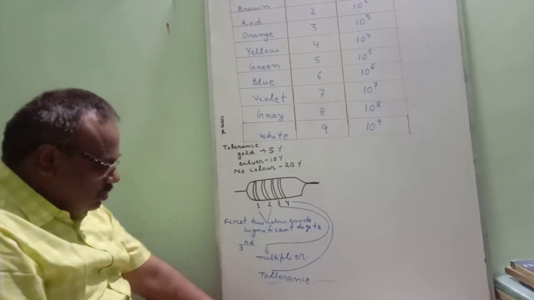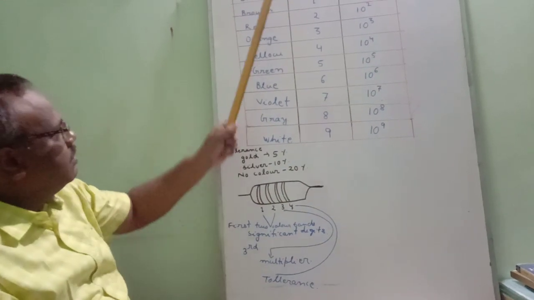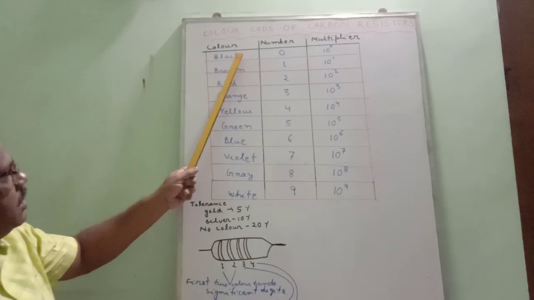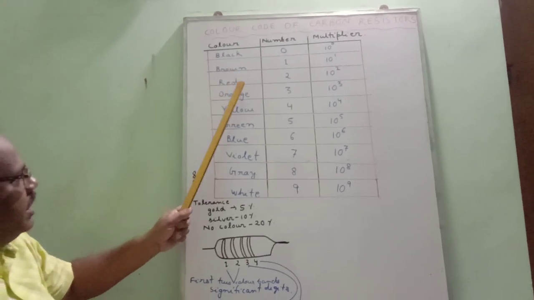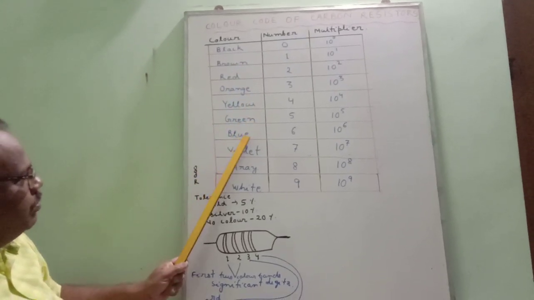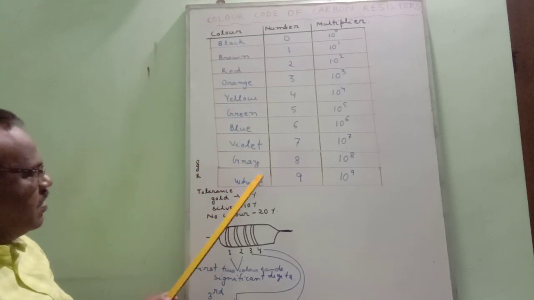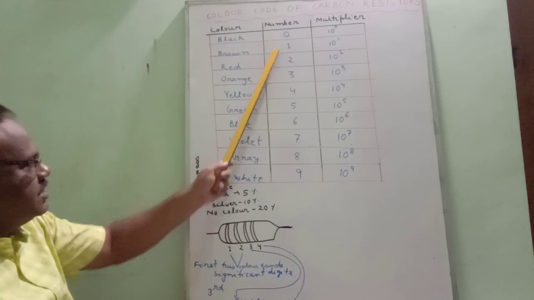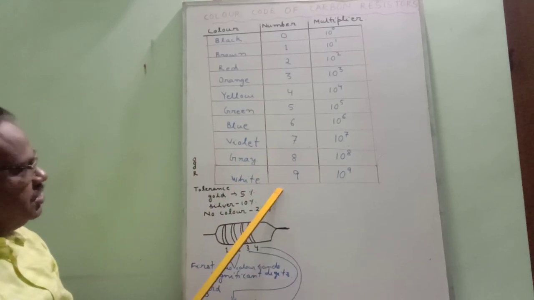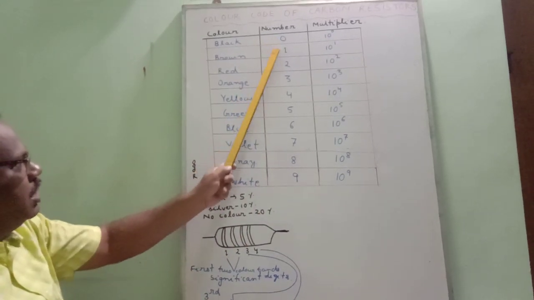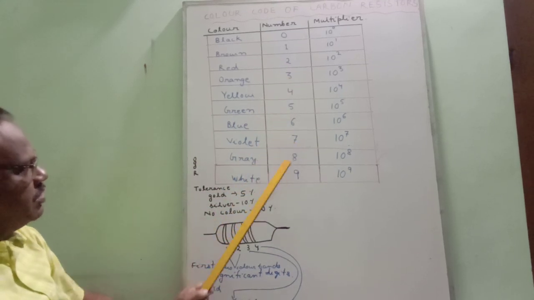Now you have to remember this. The colors are black, brown, red, orange, yellow, green, blue, violet, grey and white. These are the 10 colors having the 10 digits: 0, 1, 2, 3, 4, 5, 6, 7, 8, 9.